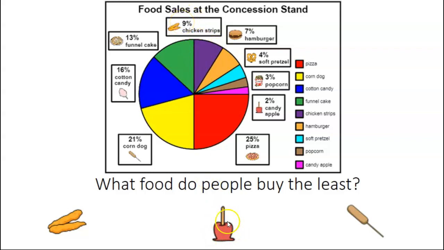Would it be candy apple, this small pink slice, 2%? Or would it be corn dogs, this yellow slice, 21%? What food do people buy the least, the smallest amount?